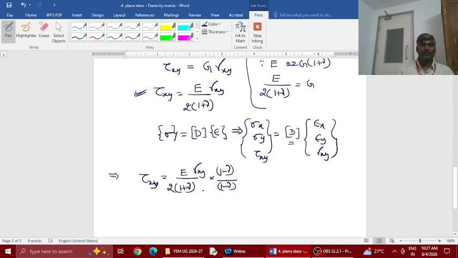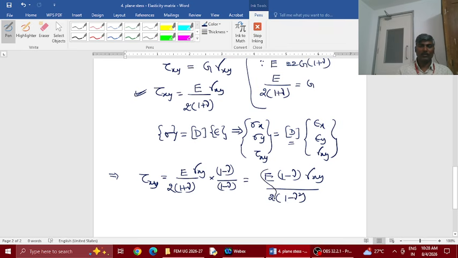Multiplying 1 plus nu and 1 minus nu gives 1 minus nu square. So we have E times 1 minus nu gamma xy divided by 2 into 1 minus nu square.